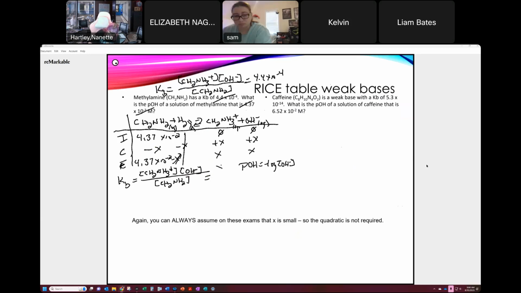That's going to be equal to X times X over 4.37 times 10 to the minus 2. Since I know that my KB is 4.4 times 10 to the minus 4th, I can multiply that times this number right here, the initial concentration of the acid or the base, 4.37 times 10 to the minus 2, and that's equal to X squared.